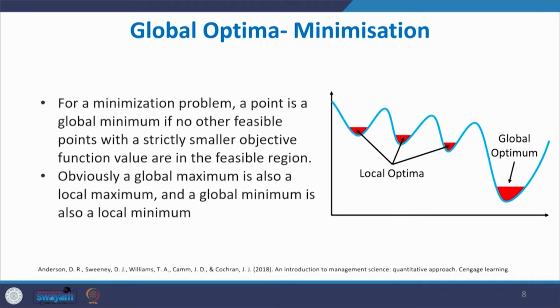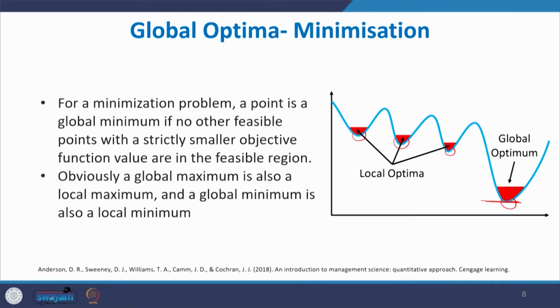Then what is the global optimum for a minimization problem? Look at this picture, there are different local minima available. Among these local minima, which is the best solution? This point is the minimum among these minima, so this point is called your global optimum.